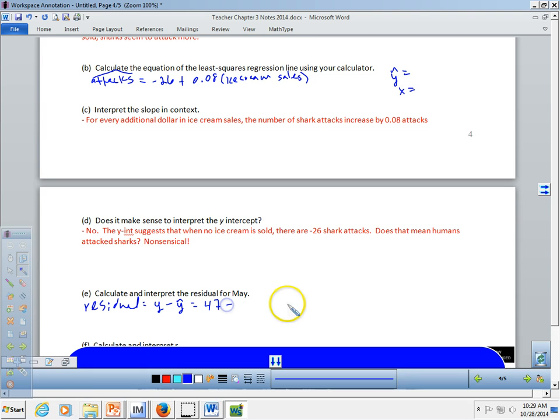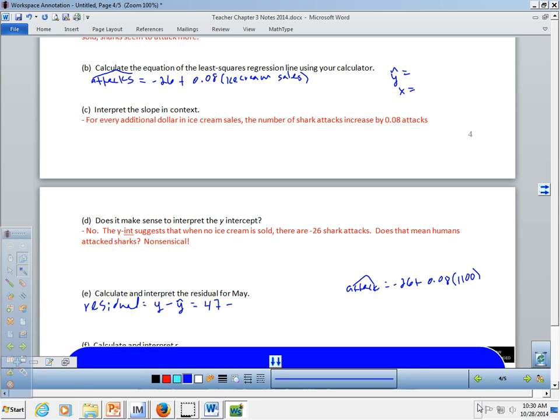And so what we have to do is go into our attacks hat, negative 26 plus 0.08 times our ice cream sales for May, which is $1,100. Okay? We have to go figure out what the prediction would have been.